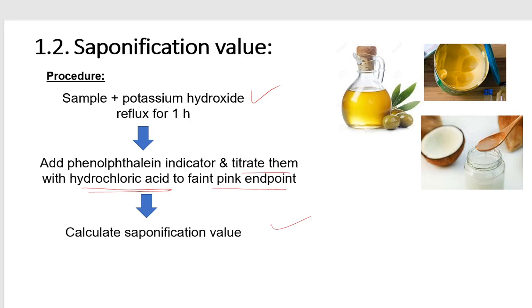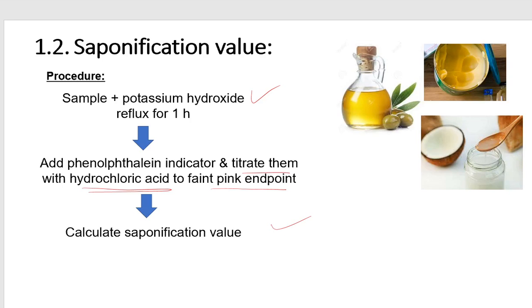It's a measure of the free and combined fatty acids present. Basically, fatty acids are neutralized with a base and then you obtain soap. So this saponification value is a measure of the free and combined fatty acids, but since these oils are refined, in our case it's a measure of the combined fatty acids present in the triacylglycerols.